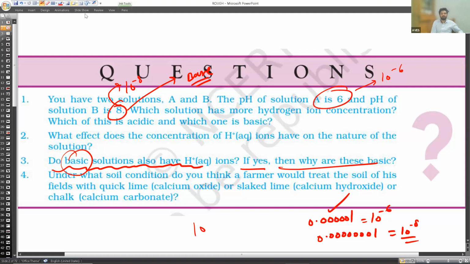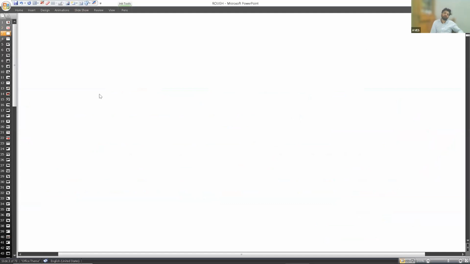For every solution, this is a rule, found by experiment: the product of the concentration of H plus ions and OH negative ions is always 10 to the power minus 14.